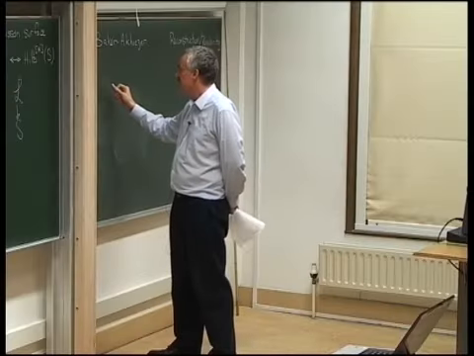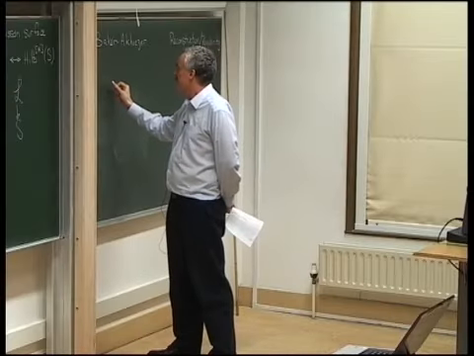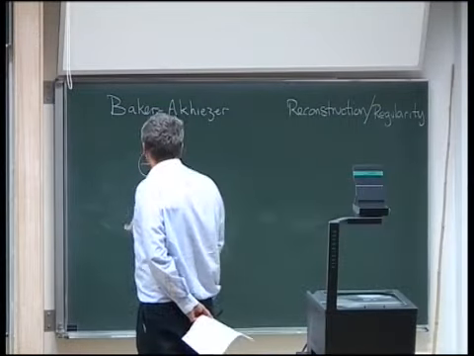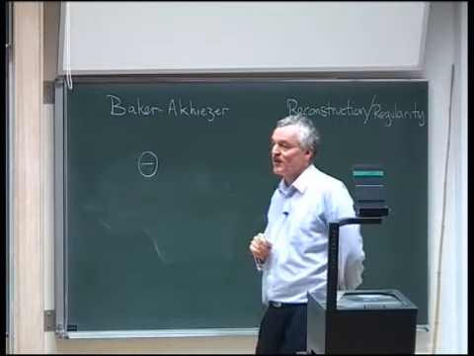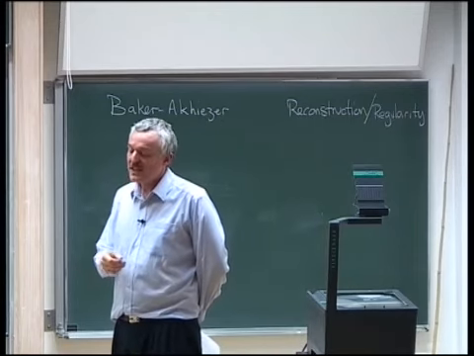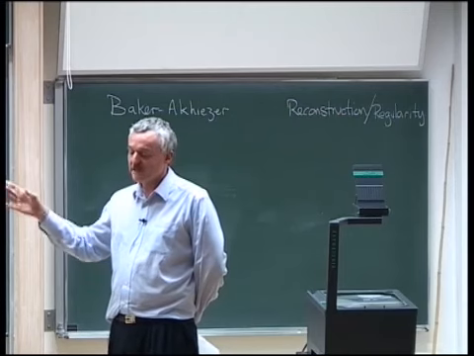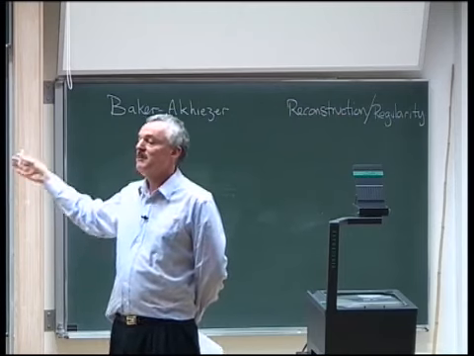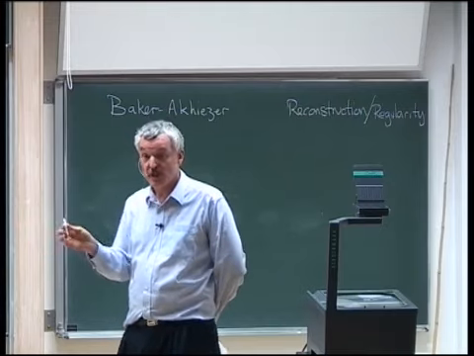Just a word on Baker-Akhiezer functions. You remember from your undergraduate days that if you had to write a function on an elliptic curve, you could express it in terms of at least a product of 2 thetas over 2 thetas. But you have to have at least 2 thetas. At least that's what I teach my 4th year students.